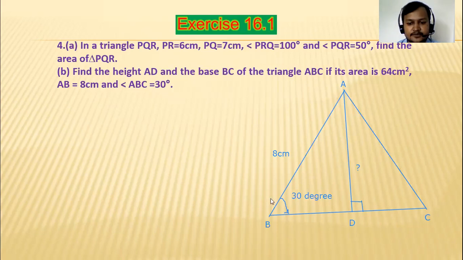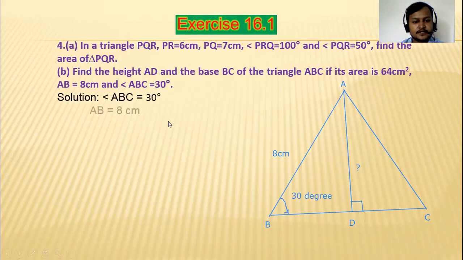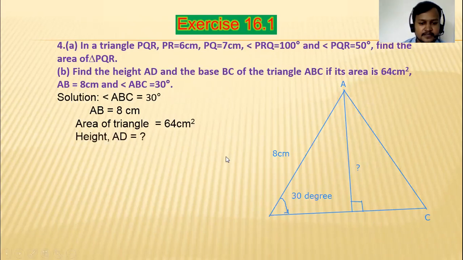So as I said, by using formula of area of triangle, at first find out BC, and after finding BC, you can use the area formula again, 1/2 base into height, then you will get its height. So for its solution, angle ABC is 30 degree, AB is equal to 8 centimeter, area of triangle is 64 square centimeter. We have to find out the height AD as well as base BC.